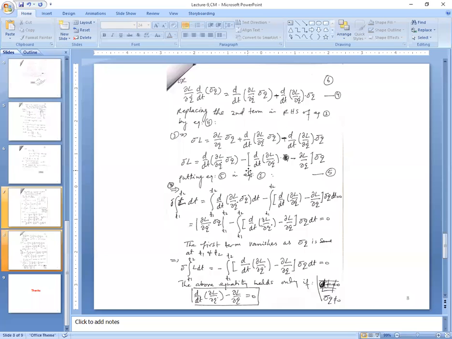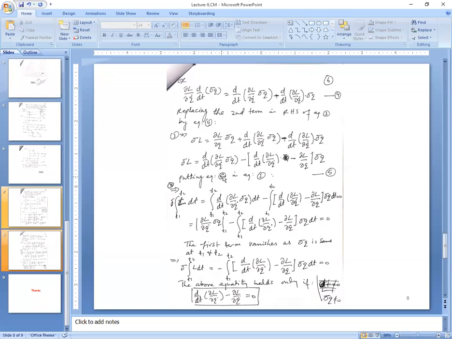Now, taking delta q common from these terms and rearranging, we get this equation.